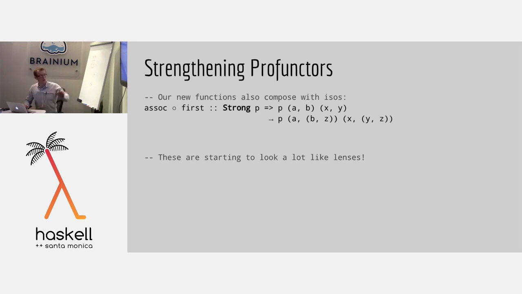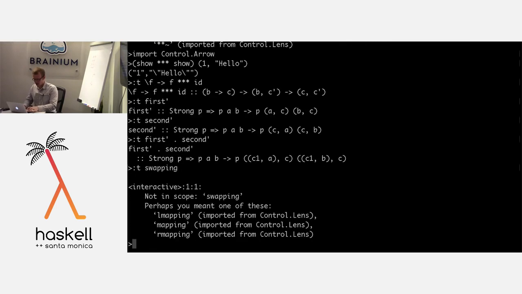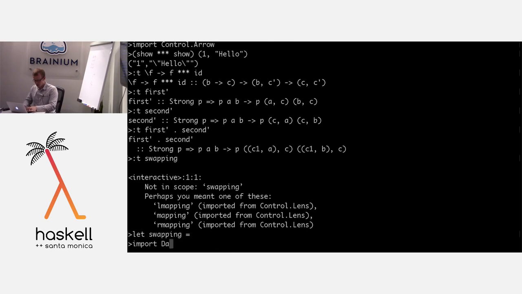Okay. So a sock was one of our examples, but I think I only defined swapping in here. Let's just check. Or maybe I didn't. Okay, well, we'll just do swapping. It's a little easier. Because I reloaded, that's right, import Data.Tuple.